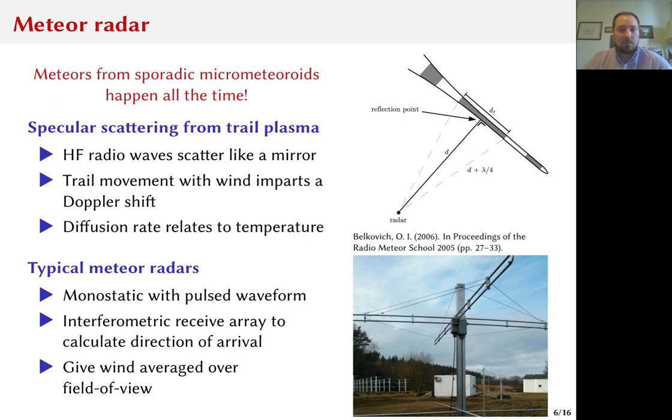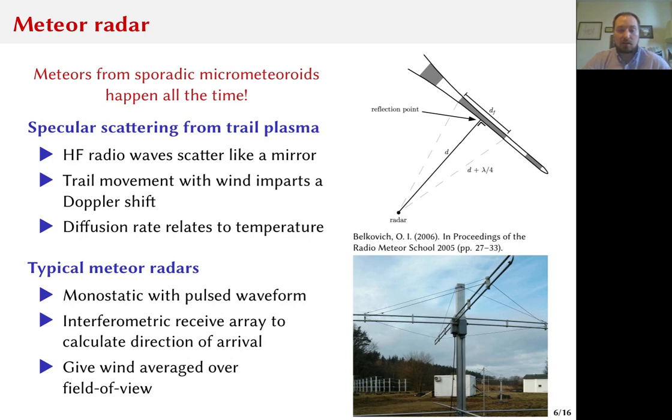So meteors happen all the time from sporadic micrometeoroids entering our atmosphere, and we can scatter off of them with HF radio waves like a mirror in the typical specular scattering case. And when we receive that scatter reflection, it can have some Doppler shifts imparted on it by trail movement with the wind in the upper atmosphere.